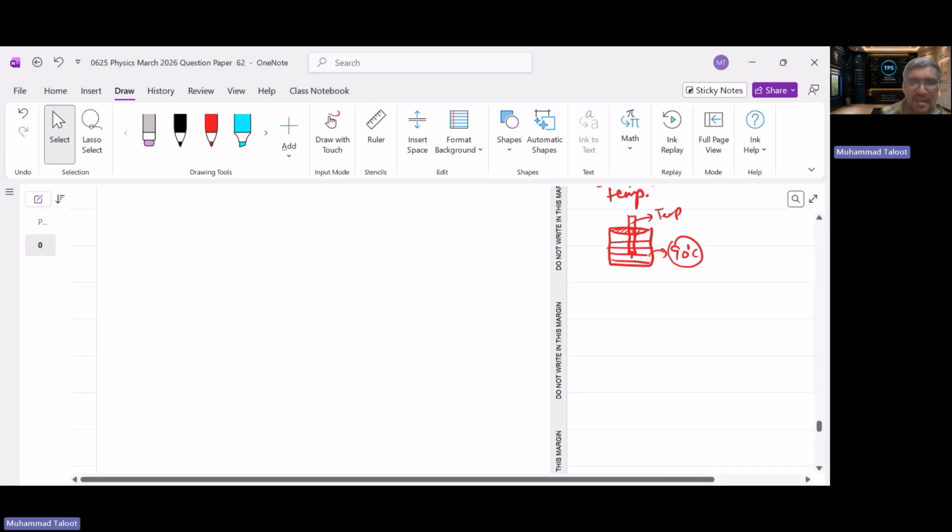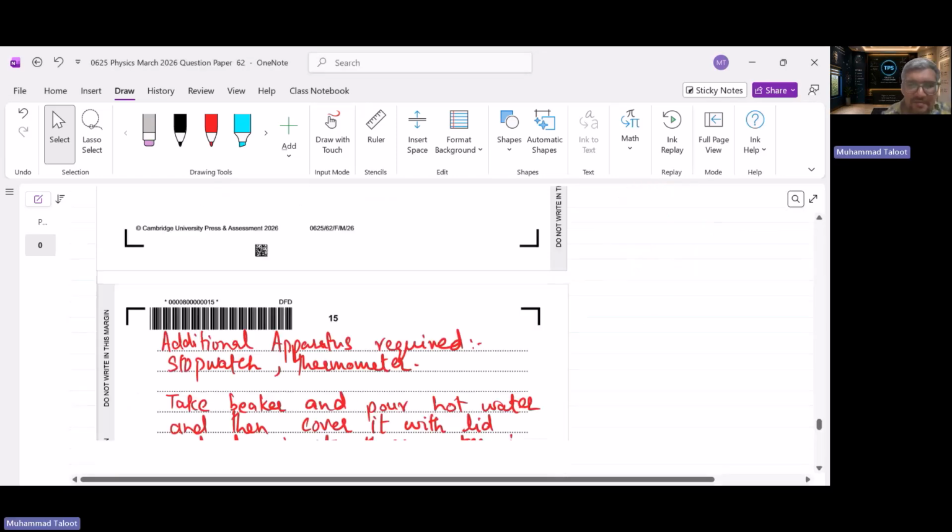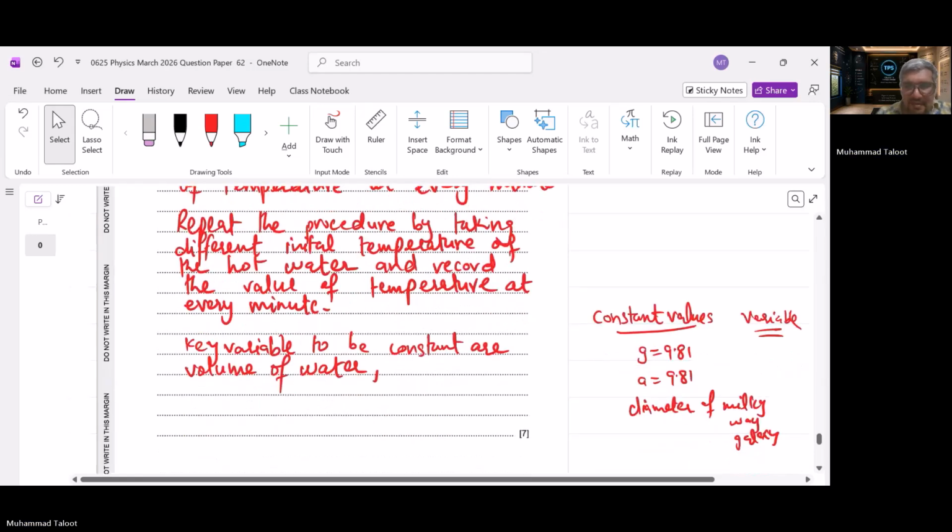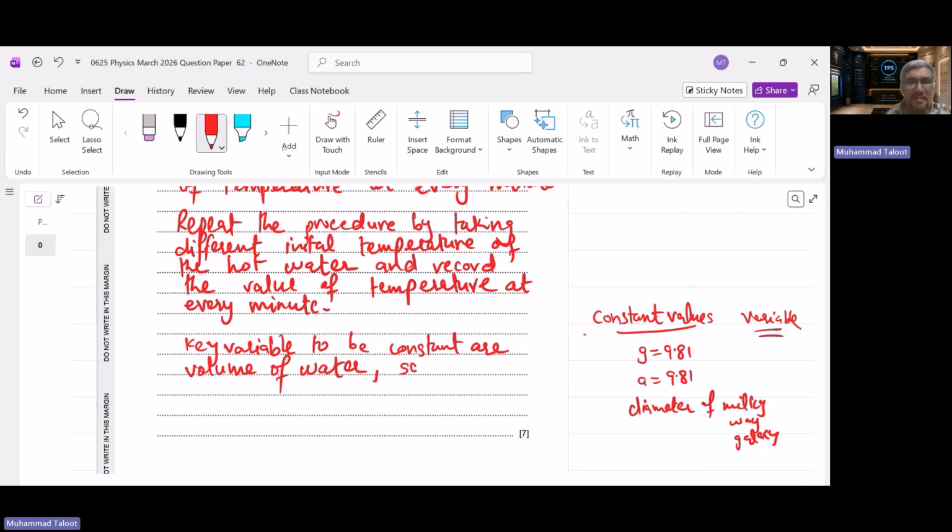So like this you can write here. At least two, please mention two at least. So same volume of water, same time interval, because we are measuring the time as well according to the temperature, and one more I write here, same room temperature, same surrounding temperature.